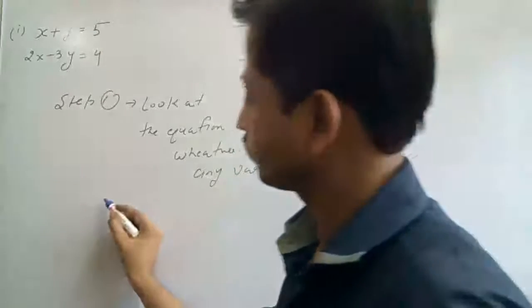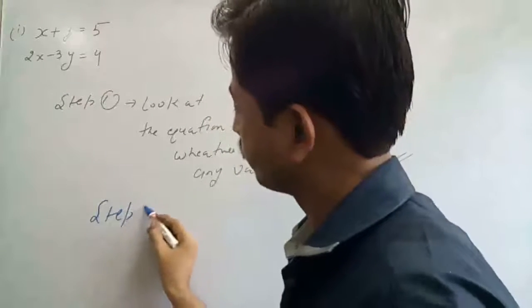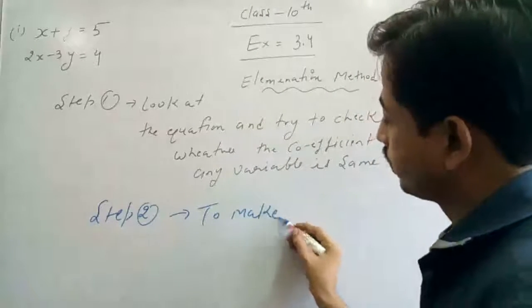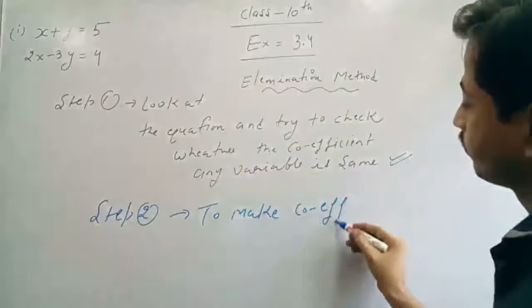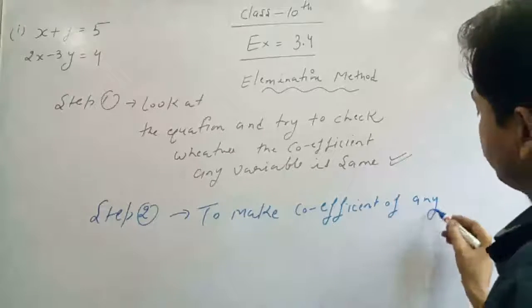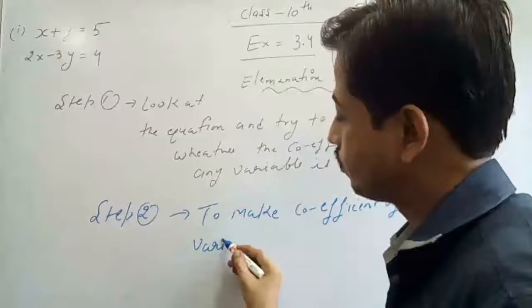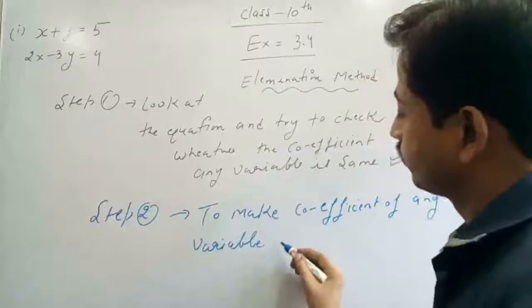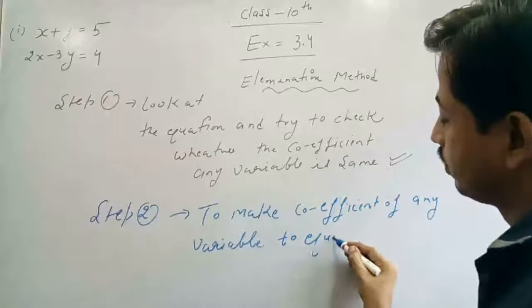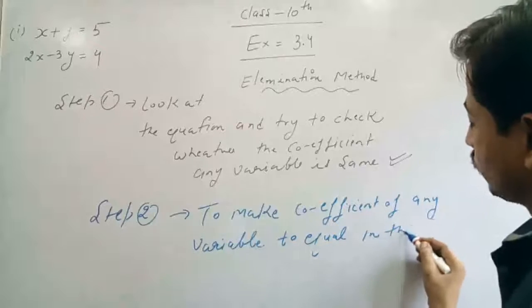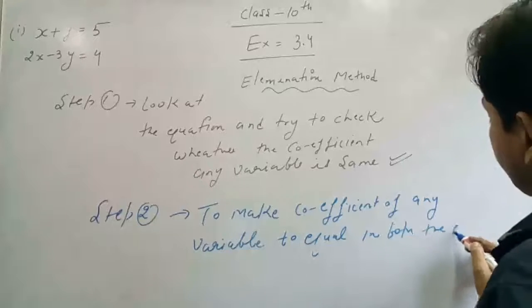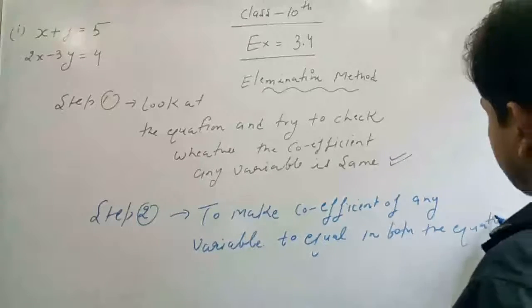Step 2. To make the coefficient of any variable equal in both the equations. Now what is the second step?